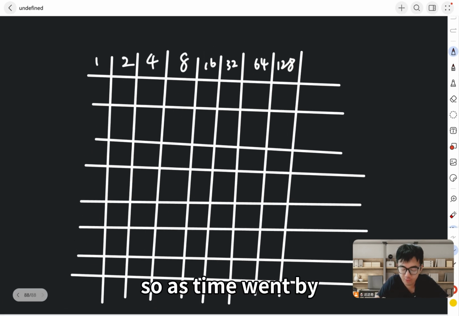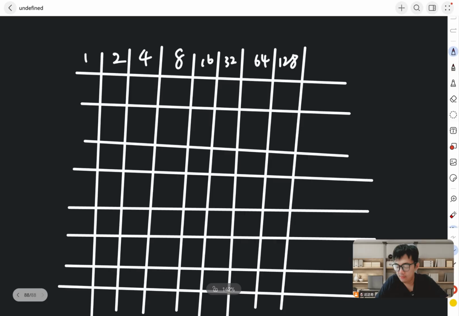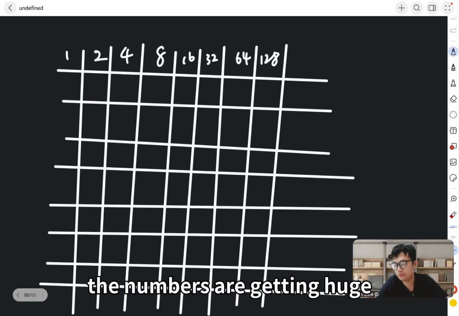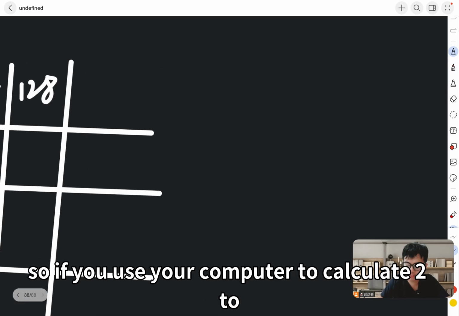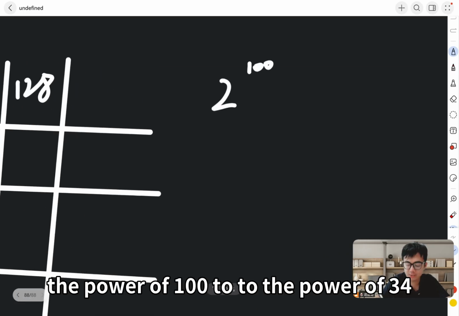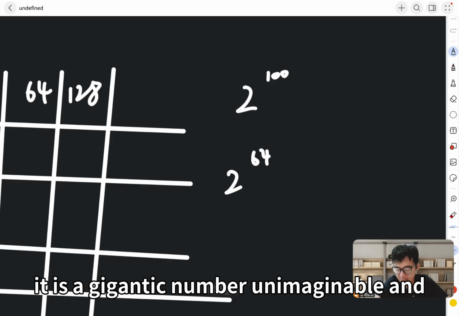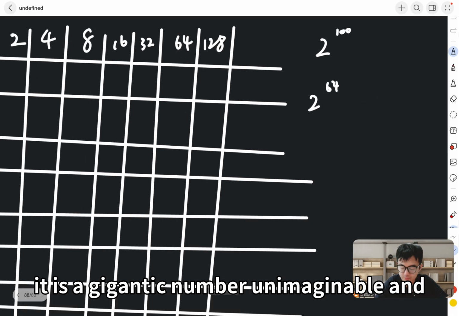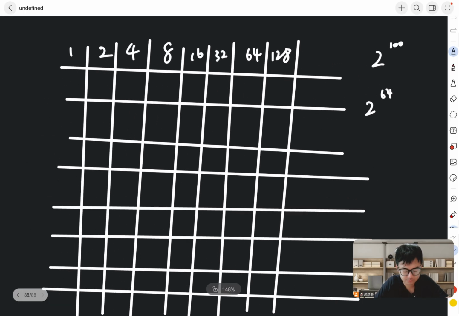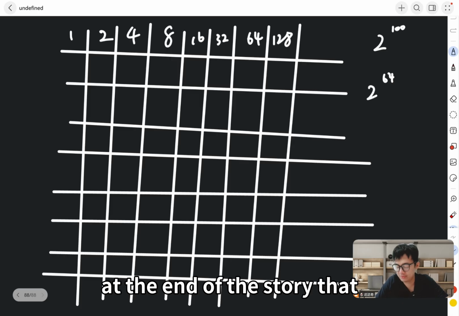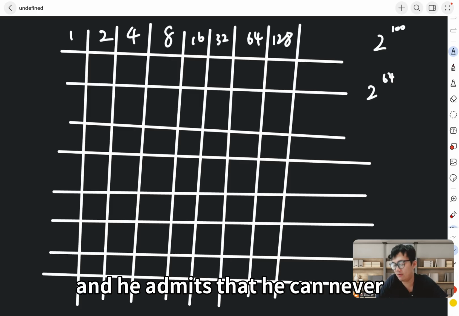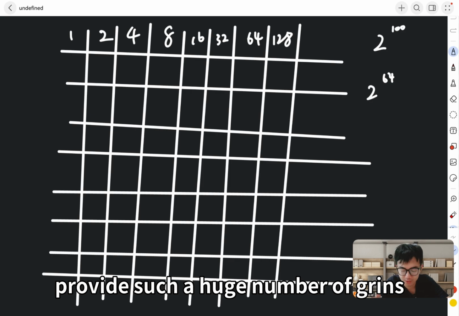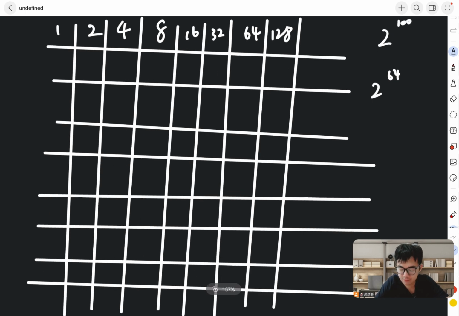As time went by, the numbers are getting huge, way more huge than you thought. If you use your computer to calculate 2 to the power of 64, it is a gigantic number, unimaginable. And at the end of the story, the king loses it, admits that he can never provide such a huge amount of grain, and kills the minister.